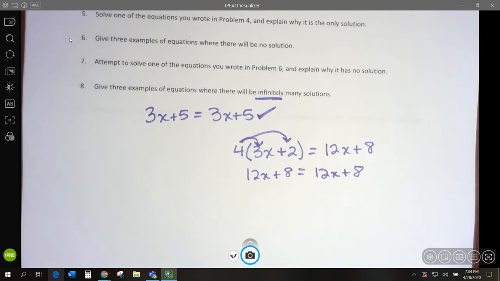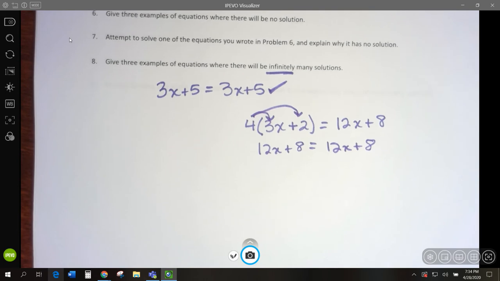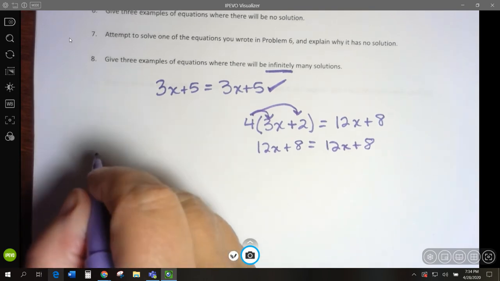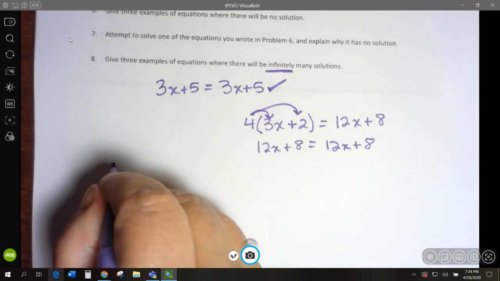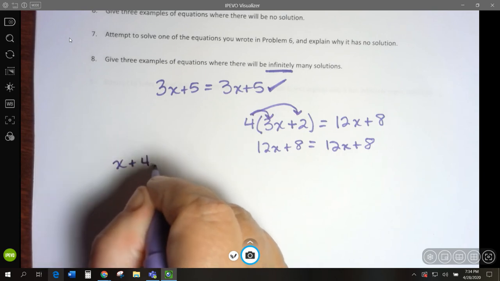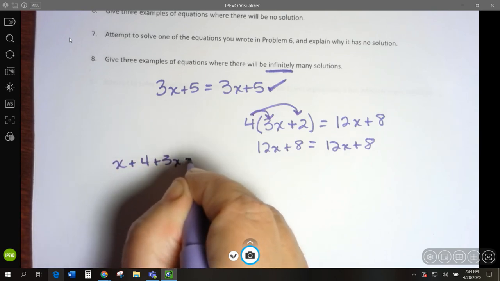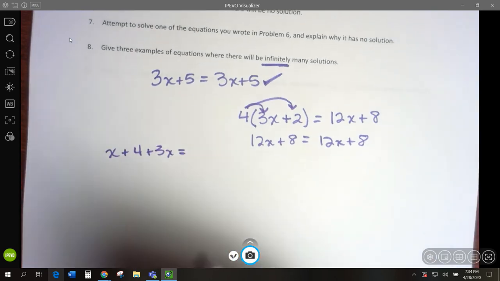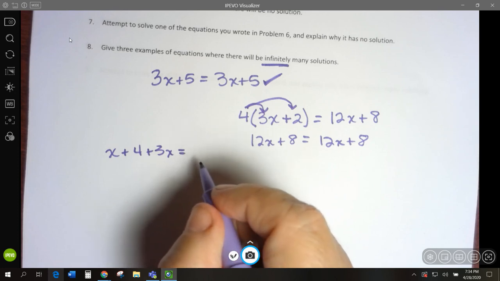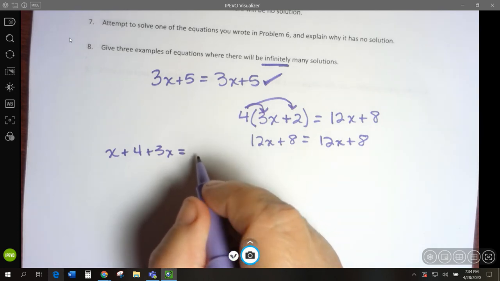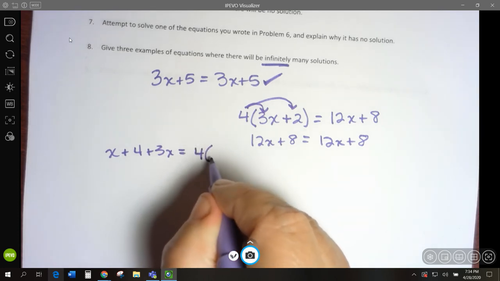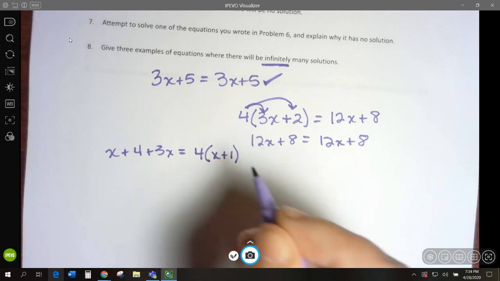Any number is going to work. Let's do another one. x + 4 + 3x = 4(x + 1).